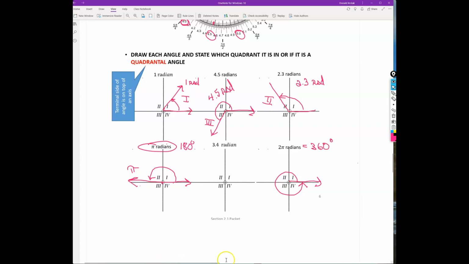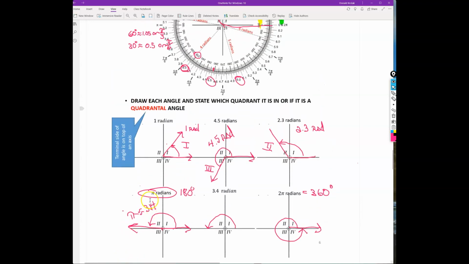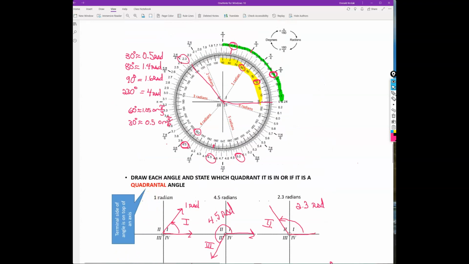All right, 3.4 radians. Well, I know it's going to be 3.14 radians to there, because that's what pi is, half of a circle. So 3.4 is going to be a little bit past that. So if we come on over here, there's 3.4 rads.